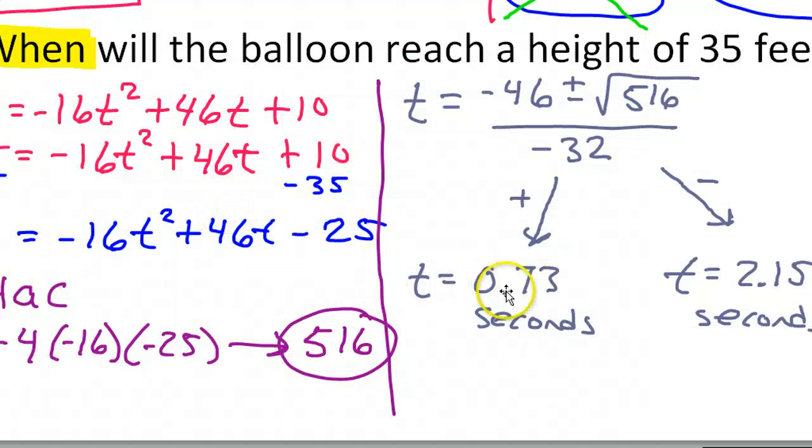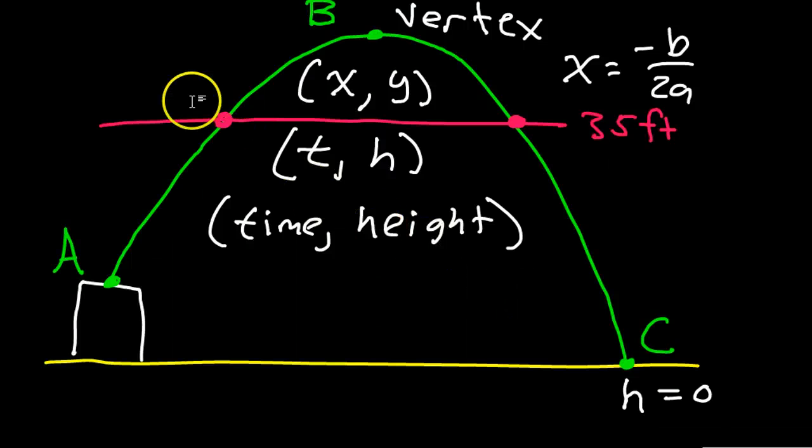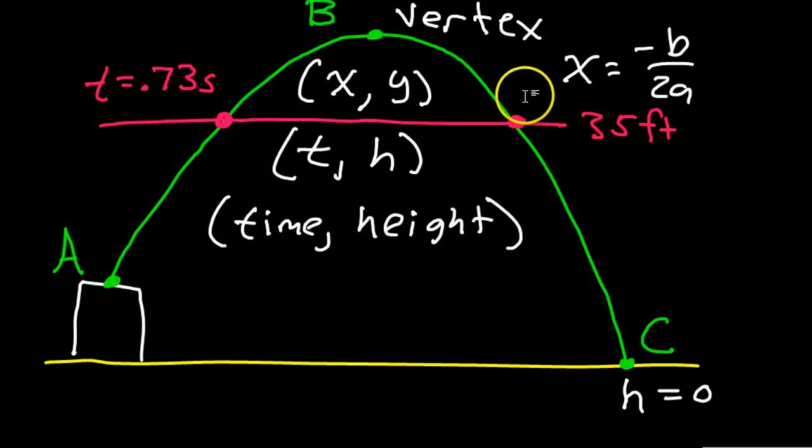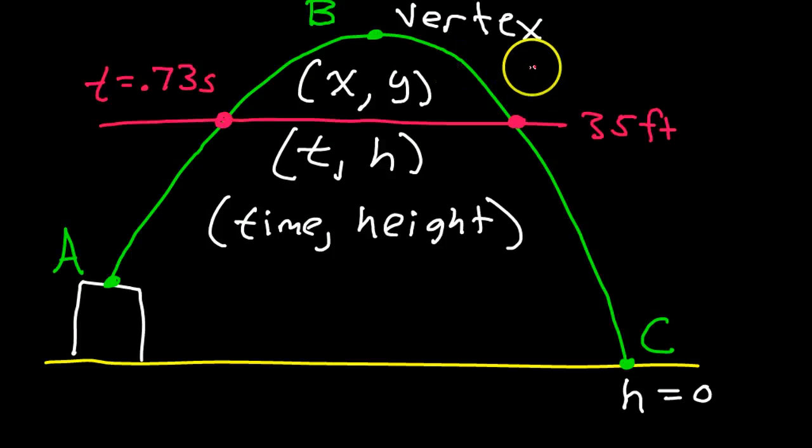So it's hitting it on the way up 0.73 seconds after it was thrown. So this is the time of 0.73 seconds, but then more time goes by, and now it's coming down, and so the 2.15 seconds must be the time when it's on the way down. Let me just move this out of the way so I can do this properly.